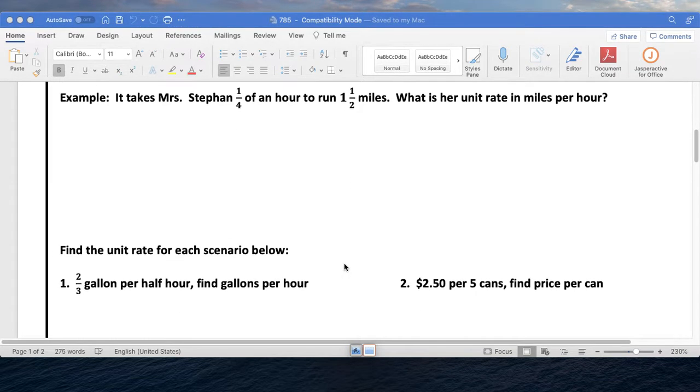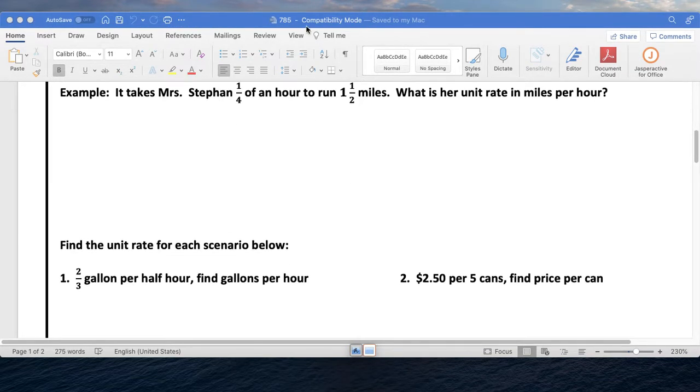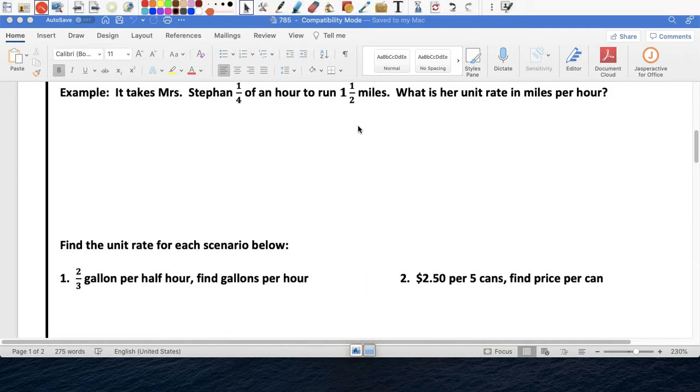fraction. Now let's calculate the unit rate here. So the key for you to understand is how many miles per hour. So we're going to write 1.5 miles because we want the unit rate per hour. So the hour is going to be here. So 1/4 of an hour. So we change this to unit rate.